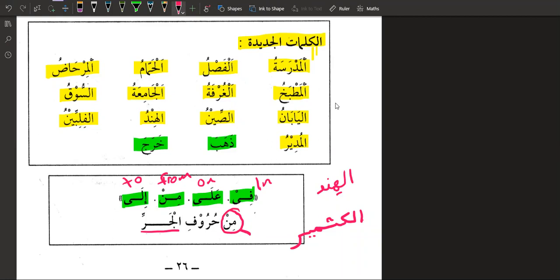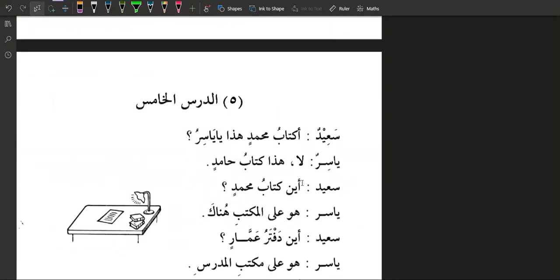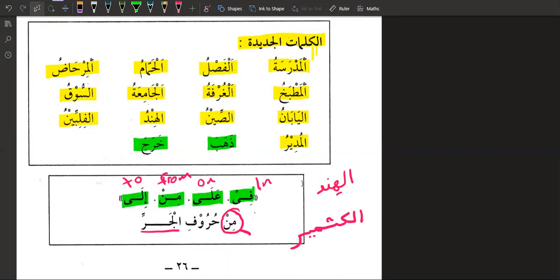Anybody else? Alhamdulillah, then it was clear. So what I'll do, I'm going to give you all some homework. Yay. I'll write down some sentences here, and then you can translate them into Arabic.